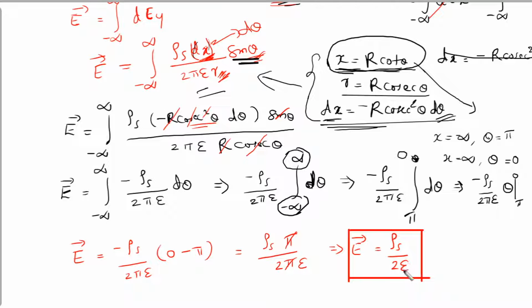Since we are already at a stage where we know that a vector is magnitude into direction, but when we derive, we are not getting any particular direction. The reason is the same. What is the reason? This equation for E vector doesn't depend upon r, distance.